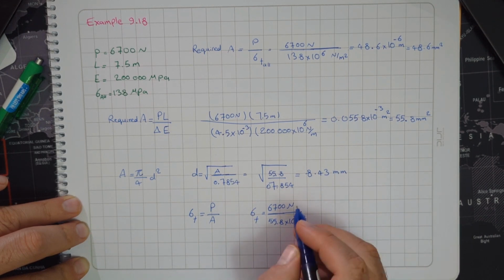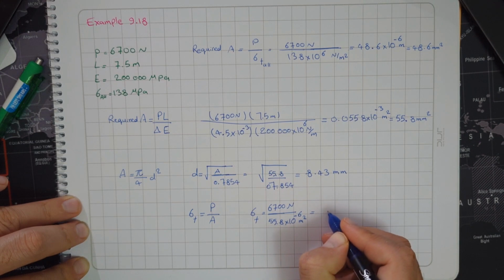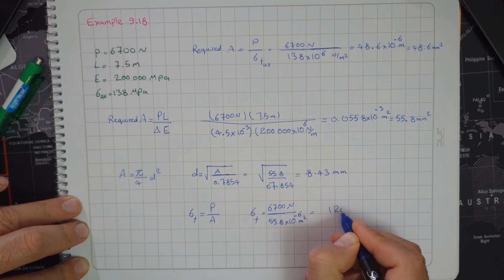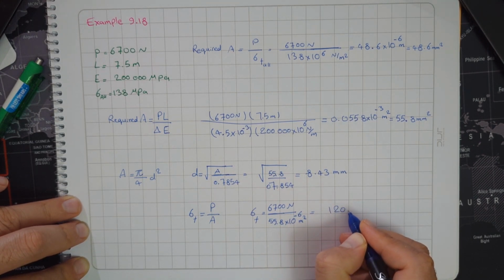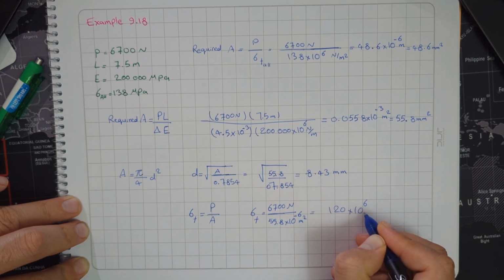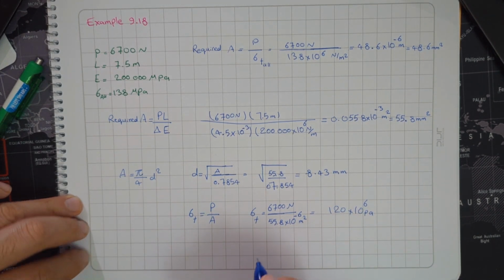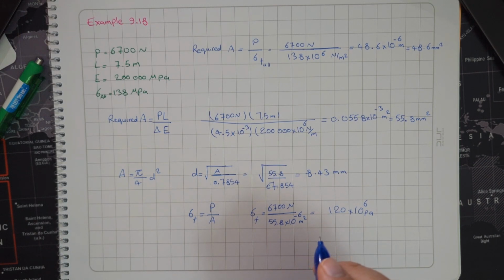Right? Answer is 22 Pascal. And how much was our proportional limit?